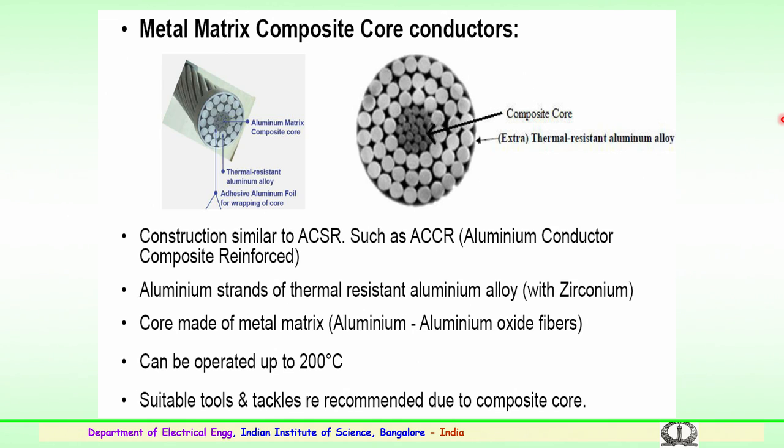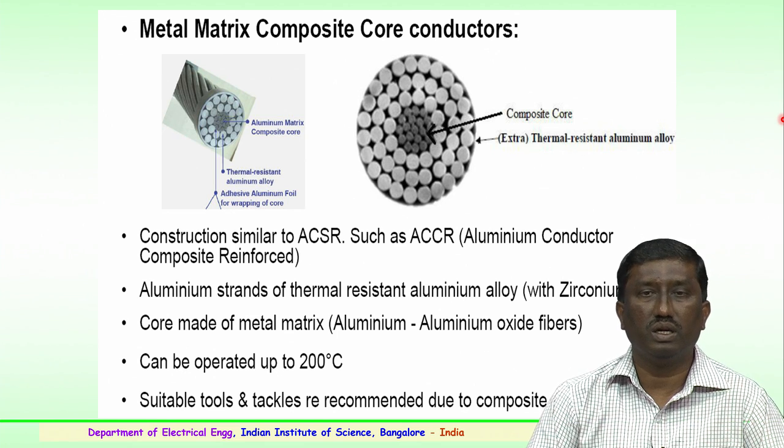Here the core is made up of a metal matrix, that is aluminum oxide fibers. The previous one was the carbon and fiberglass core. Here the metal matrix composite core consists of aluminum oxide fibers, and this type of conductor can be operated up to 200 degree centigrade.